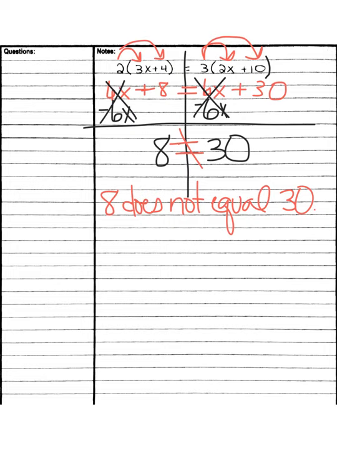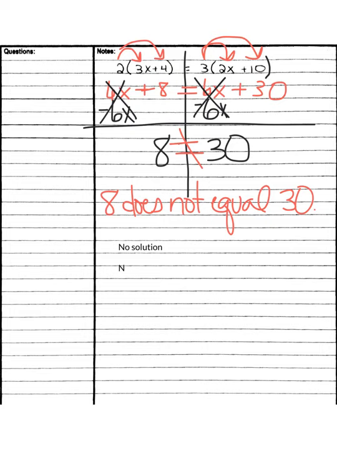Because these are not equal, I like to think of this, our language arts literature teachers would be proud of us. This is a contradiction. This contradicts itself. 8 does not equal 30. Doesn't work. So for this one, it's real simple. Nothing is going to work. So we can't write a number. We just literally say that this is no solution.